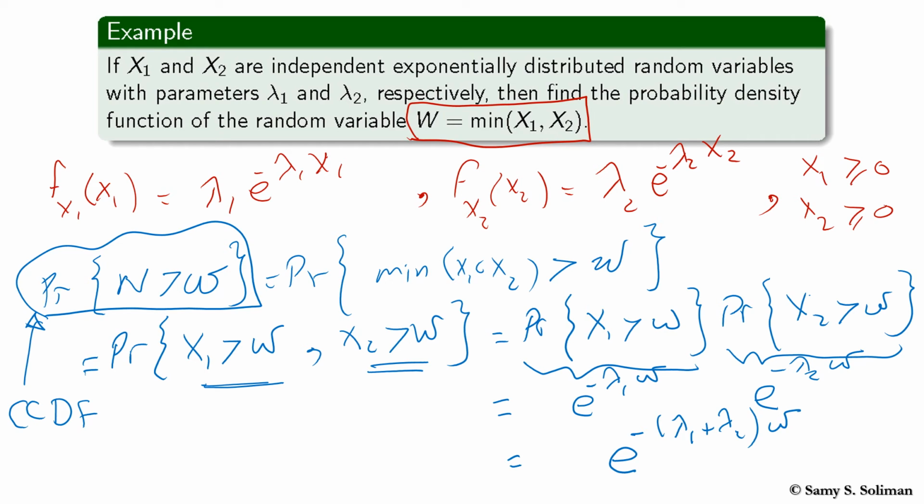And since it is in this form, e to the power some constant multiplied by w, it is the same complementary CDF of an exponential random variable with parameter lambda 1 plus lambda 2.